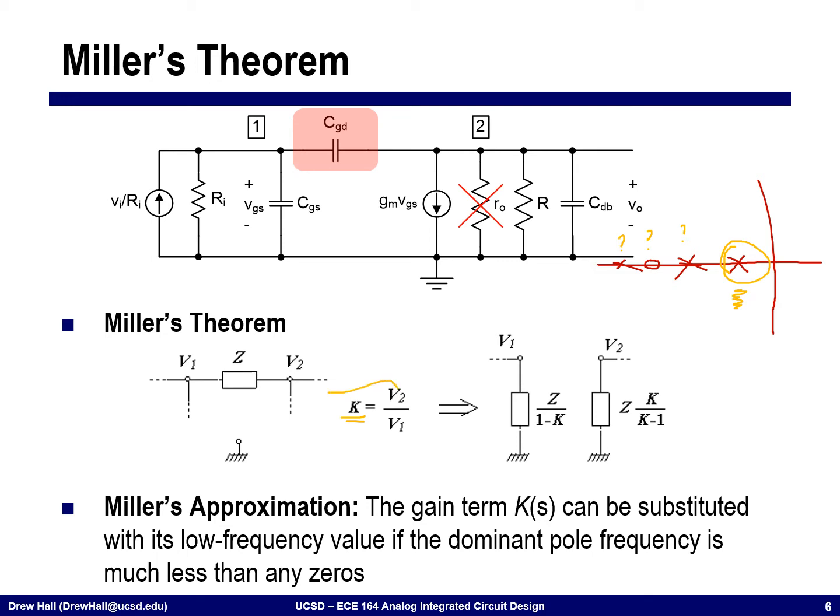Okay, and so this gain expression is no longer valid to calculate the precise frequency for any of these higher frequency poles or zeros.